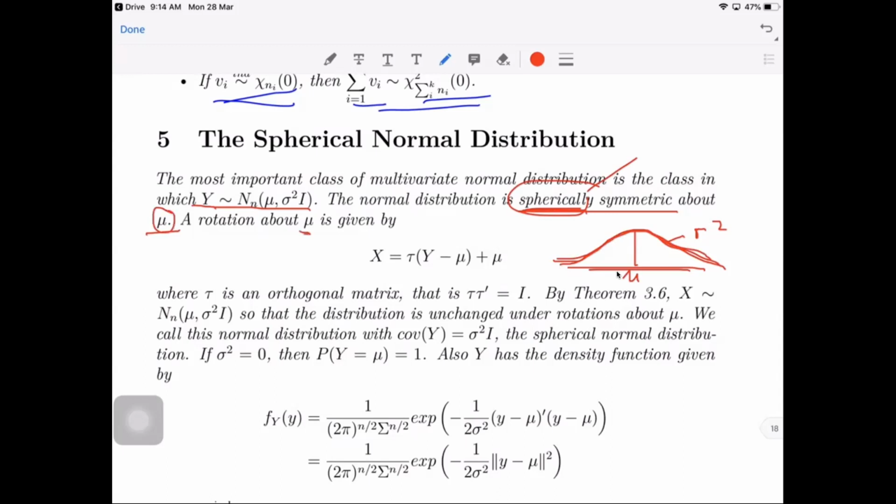So a rotation about mu is given by this transformation.